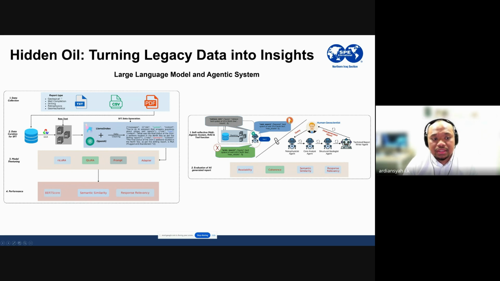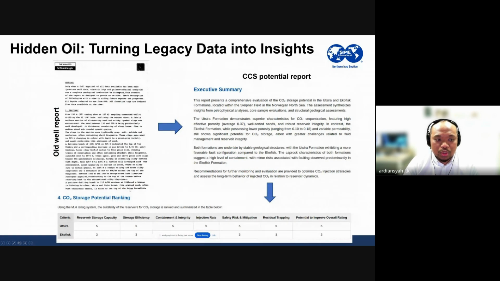But now with this technology, we can not only analyze the well report and get information from it, we also employ what is called an agentic system, with different agents to get different insights, right? For example, this is an old well report from back in the 70s or 80s. From here, we built a system, a large language model and agent system, to tell us about the CCS potential, or the carbon capture potential, of this well and also this field, right?